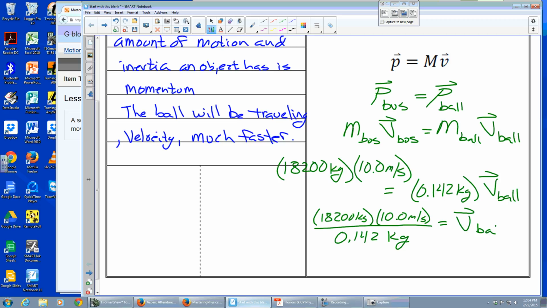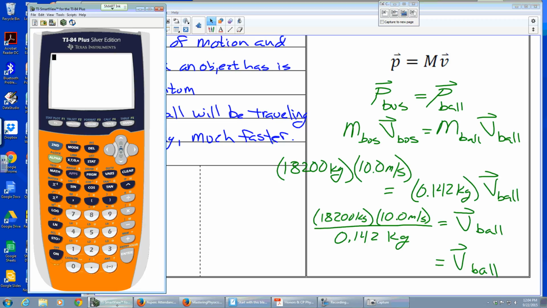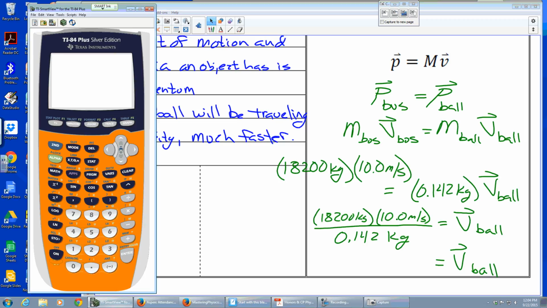I want to isolate that, a little bit of algebra there. And now, since I have all numbers on one side, I can nicely pull out my calculator and do the top, which would be 18,200 times 10, divided by the 0.142.